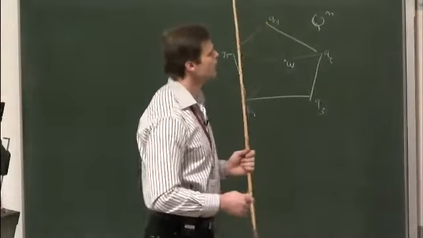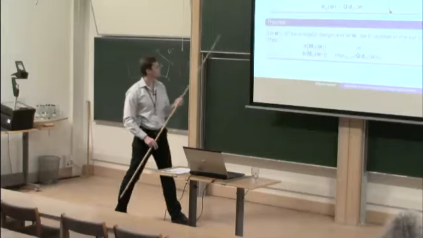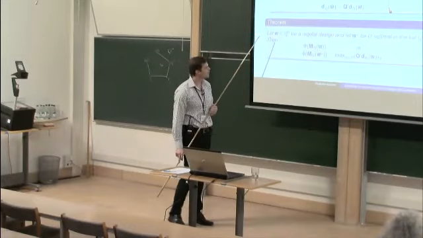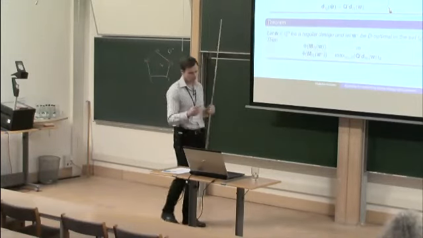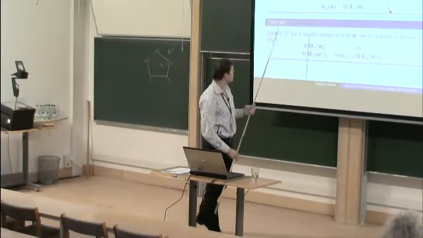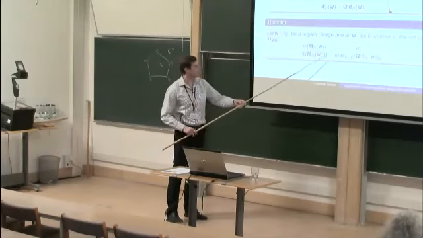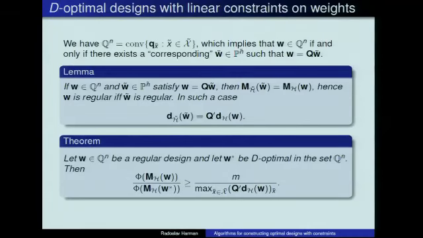That's W tilde. And the relation between these D functions is as follows. We can skip this theorem. This theorem simply states what is the efficiency, a lower bound on the efficiency of any constraint design W within the set given by the constraints.